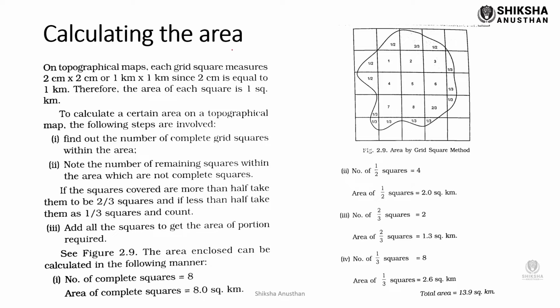We can remember this: most of the topographical maps are 2 centimeter maps, and we know that 2 centimeter is equal to 1 kilometer because the RF of Indian survey topographical maps is 1 is to 50,000. So 1 centimeter is to 50,000, and 2 centimeter is to 1 kilometer. So the area of one square becomes 1 square kilometer in a topographical map.